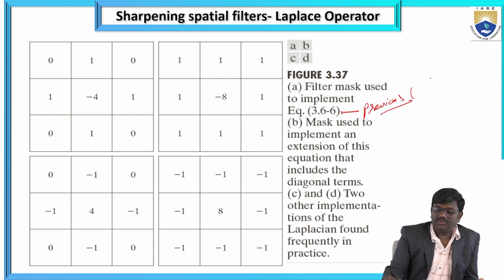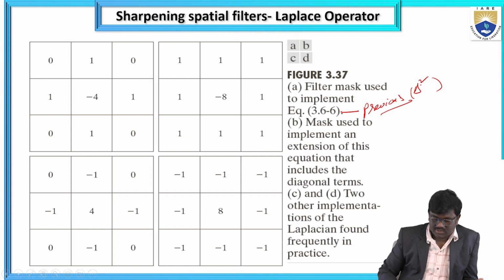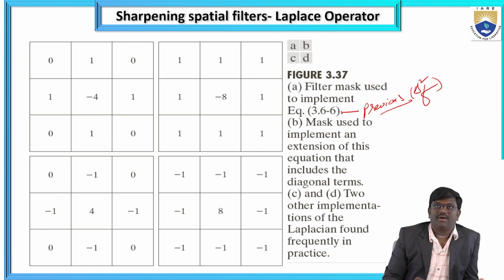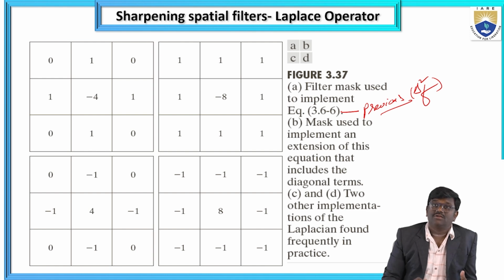According to this, we calculate the x and y values, and we see the mask used to implement the extension of this equation that includes diagonal terms, where we can also concentrate on two other implementations of the Laplacian found frequently in practice.